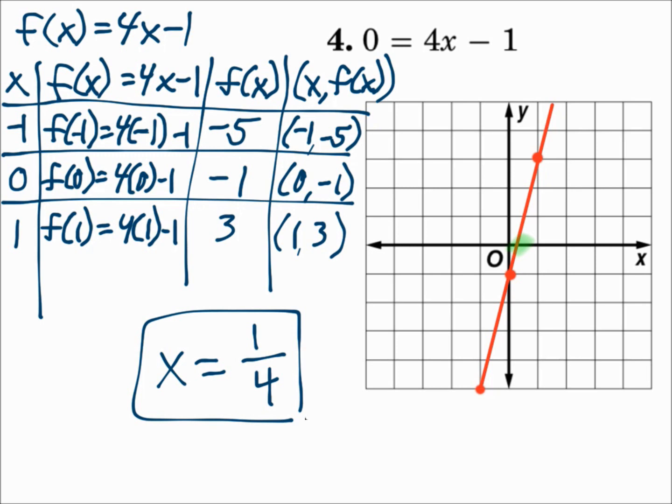The reason I know that's 1/4 is because if you solve the original equation, add 1 to each side, giving you 1 equals 4x, and then dividing both sides by 4, giving you x equals 1/4. Now ultimately you might only know that x is between 0 and 1, but if you want to go back and solve the original equation, you can get that exact value, and it will show on the graph.